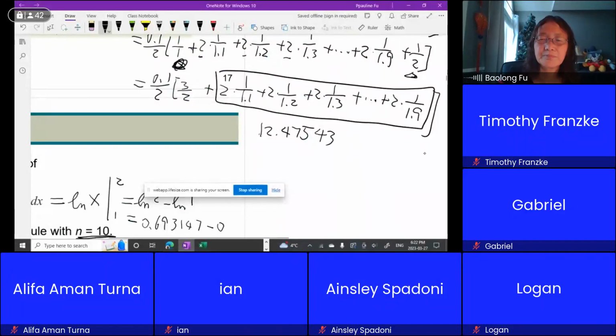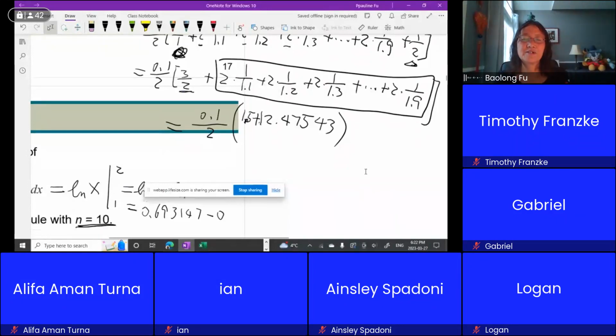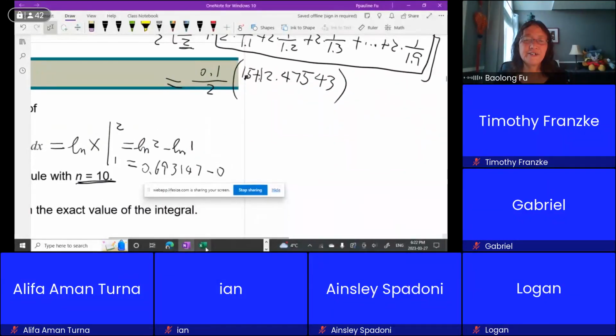So I copy down the 3 over 2, it is just 1.5, right? And I also have 0.1 over 2. So I need to calculate this. Okay, so what is this?